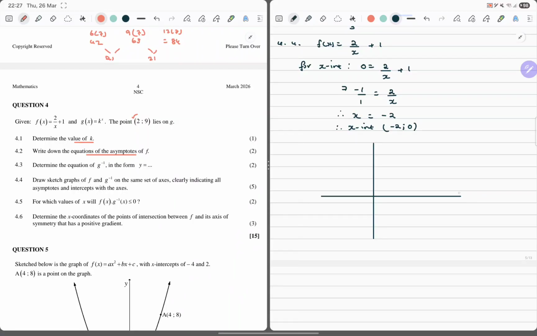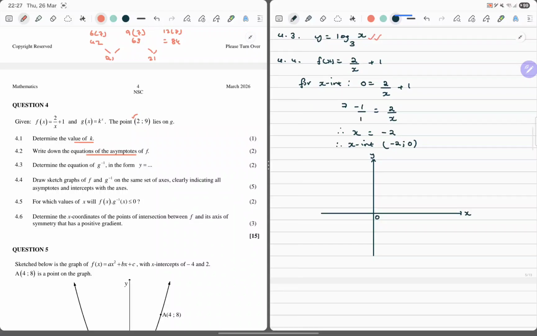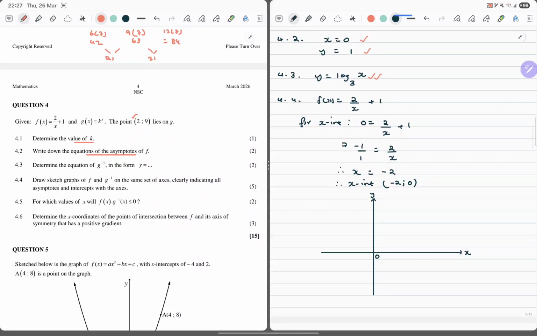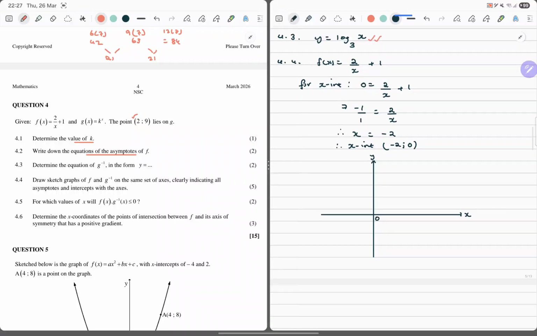So there's our sketch. Right, the origin. Now if we start with the hyperbola, it's going to be in the first and third quadrants. Let's start with the asymptotes. Say this is the horizontal asymptote. Okay, so we break it up.